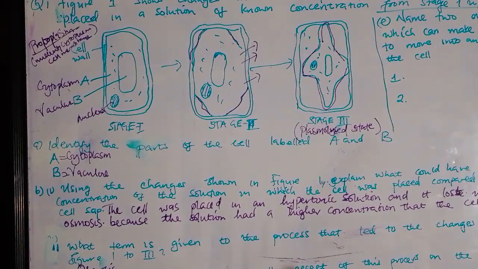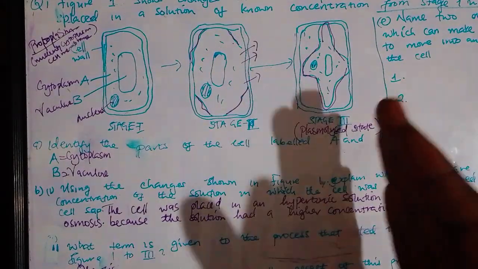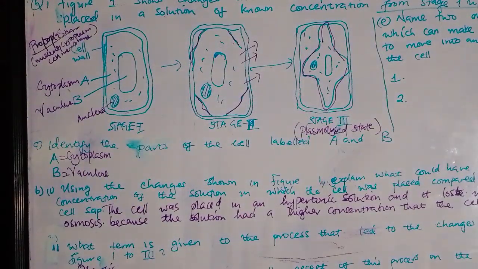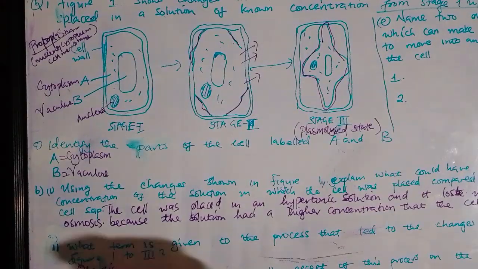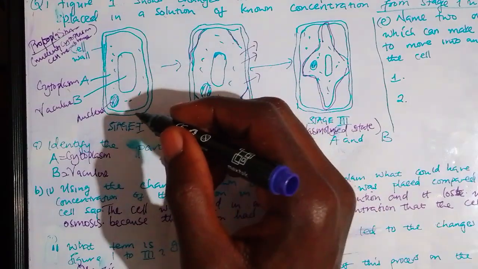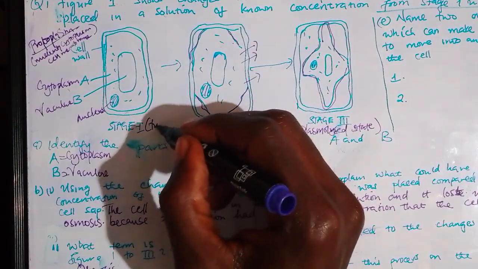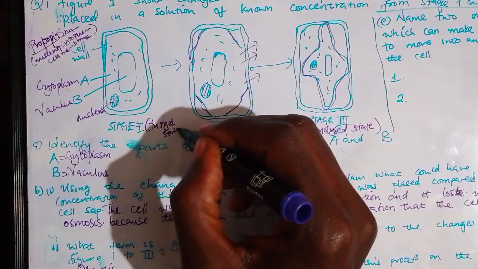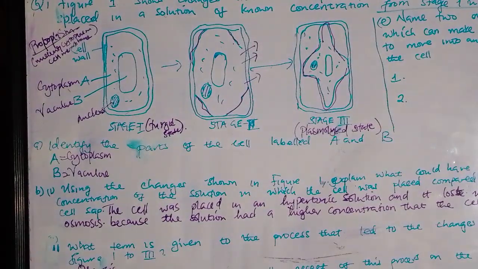This is where the protoplasm pulls away from the cell wall. Whenever the protoplasm pulls away from the cell wall, it is known as a plasmolyzed state. When the cell membrane is pressed against the cell wall, it is known as a turgid state. So these are the two things which you need to understand.